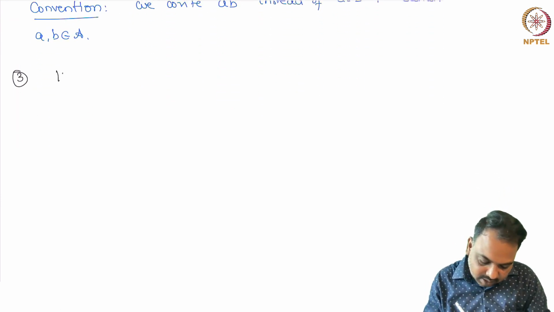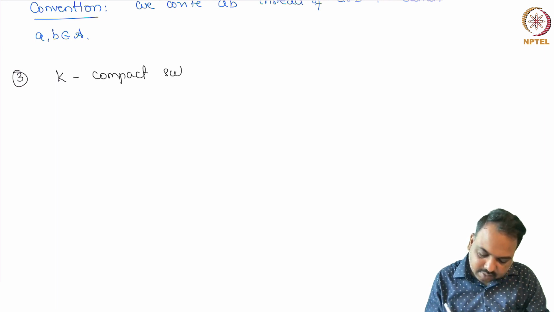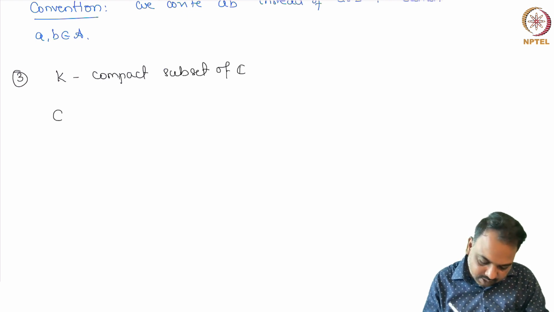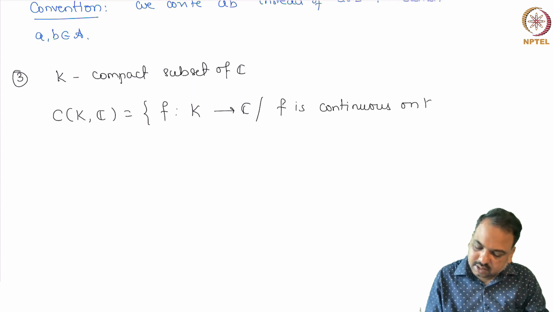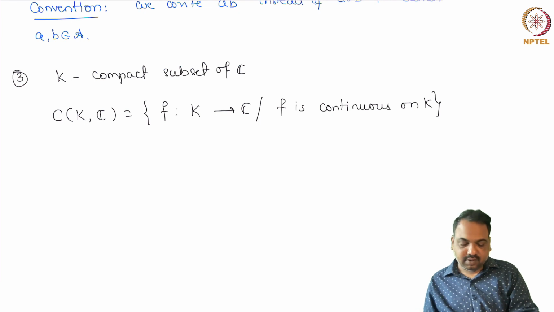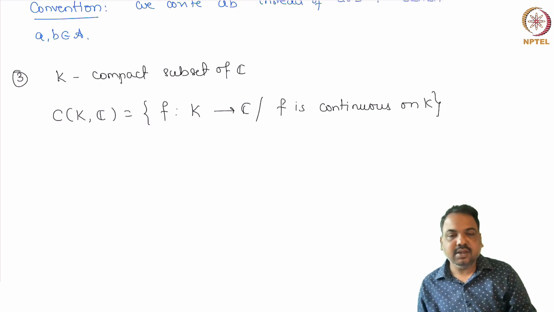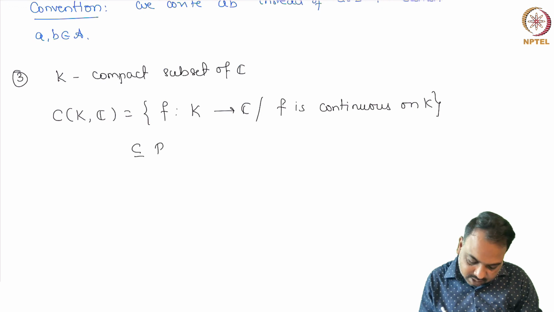Okay, so let us quickly look at one more example. Let K be a compact subset of C. Look at C(K), the set of all functions from K into C which are continuous on K. We know that whenever f is continuous on a compact set, it is bounded. So we can say that this is a subset of B infinity(K, C).